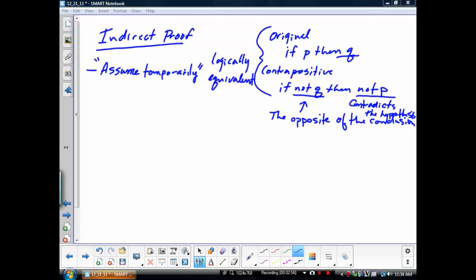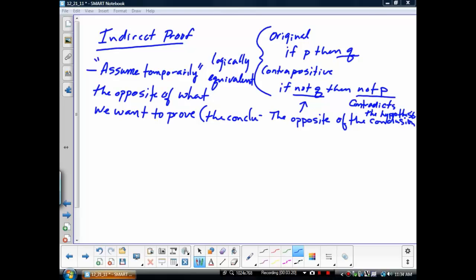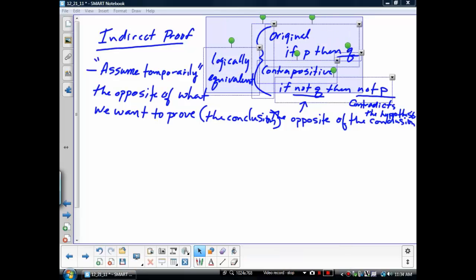Assume temporarily the opposite of what we want to prove, which is the conclusion.